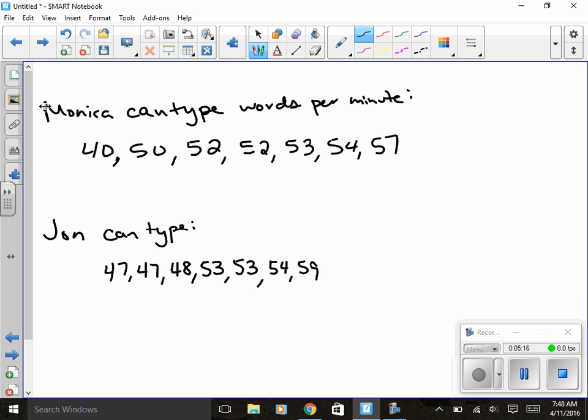So that's something where you can use those central tendencies in order to figure out who actually can type faster. So if I'm going to do this, what I'm going to do is I'm going to list out my mean, my mode, and my median.